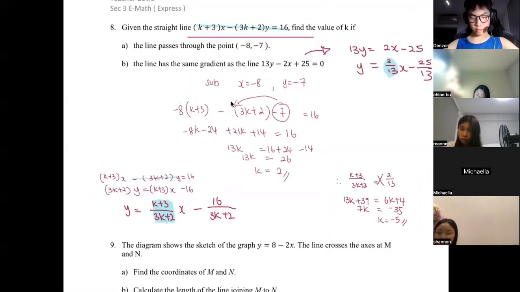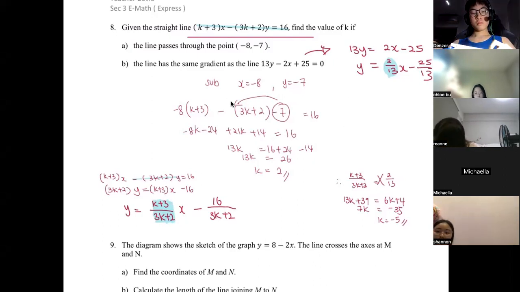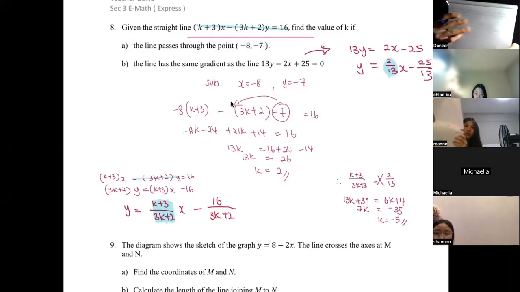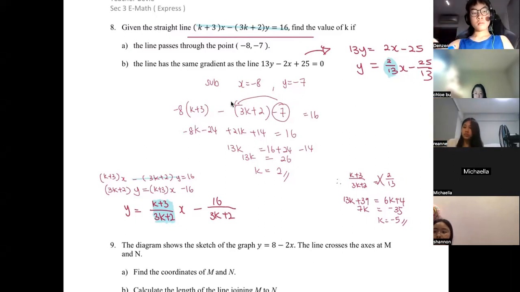Okay, the second one is a little bit more confusing because the top equation is a bit messy.